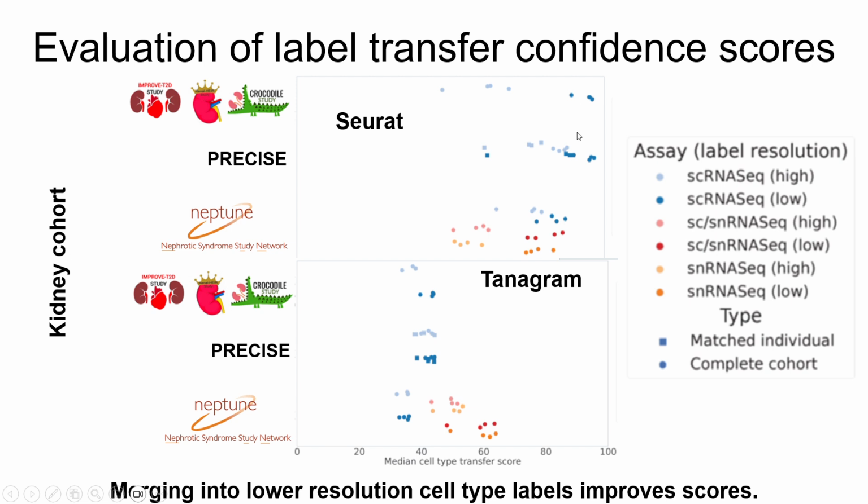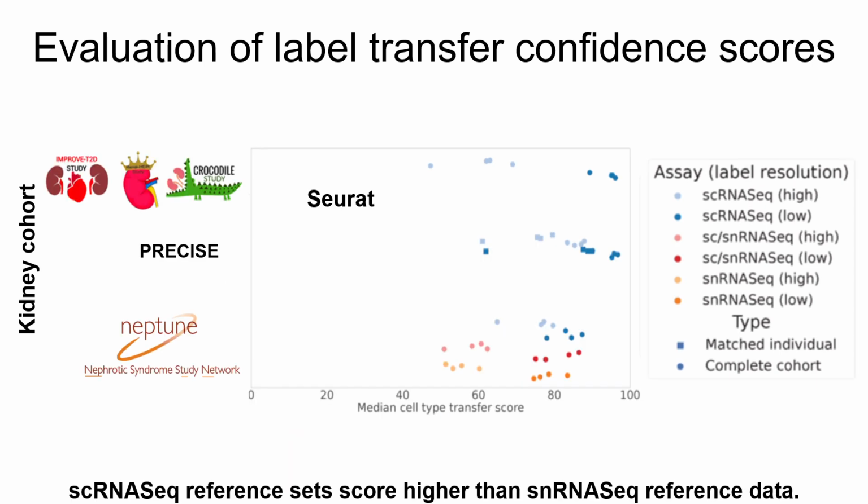If you compare these darkly colored dots with the pastel dots, especially in the Seurat section, you can see that merging into lower resolution cell type labels improves the scores. By that I mean if the single cell or single nuc data has perhaps 2 T cell populations, merging that into 1 T cell population improves the label transfer confidence scores.